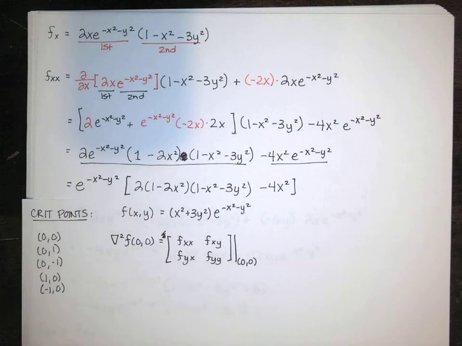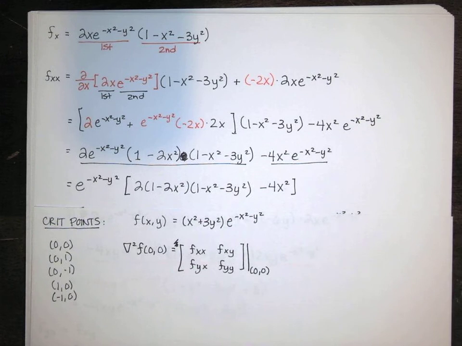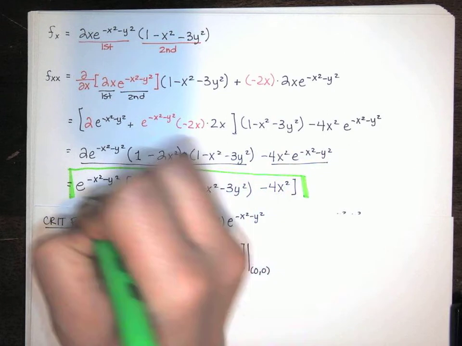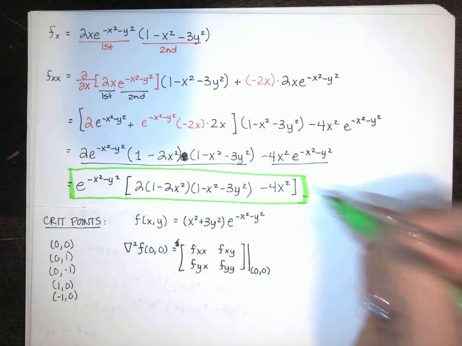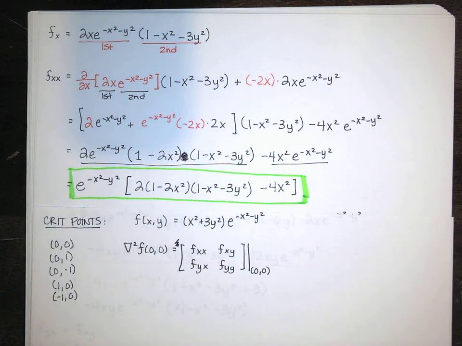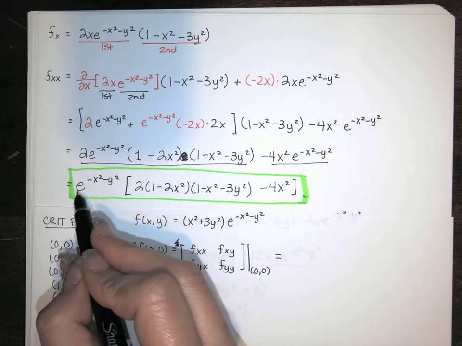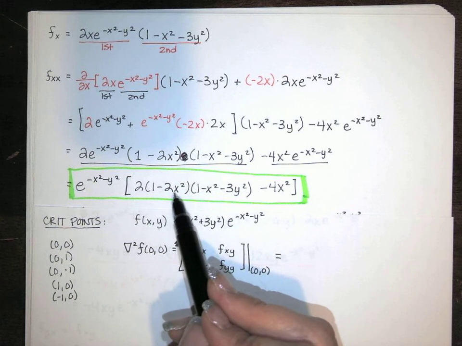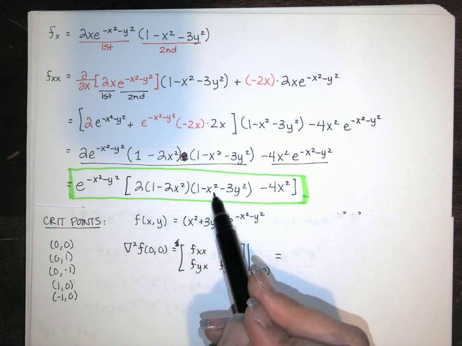Second partial with respect to x, at x equals 0, y equals 0. And our second partial with respect to x is right here. Well, if x and y are both 0, that's e to the 0, which is 1. And if x and y are both 0, that's 0, and that's 0, and that's 0.